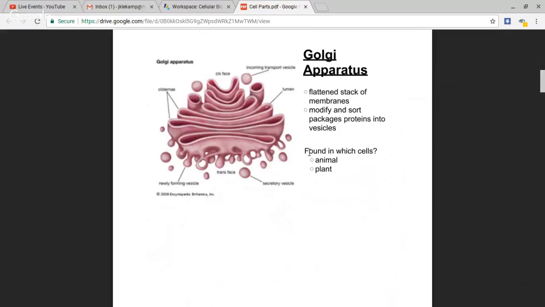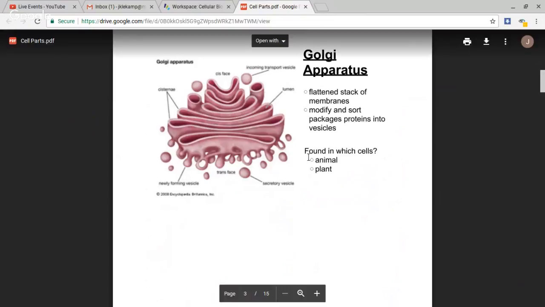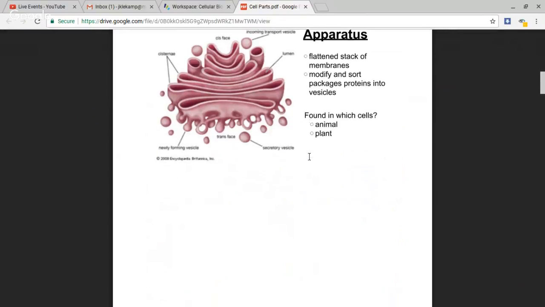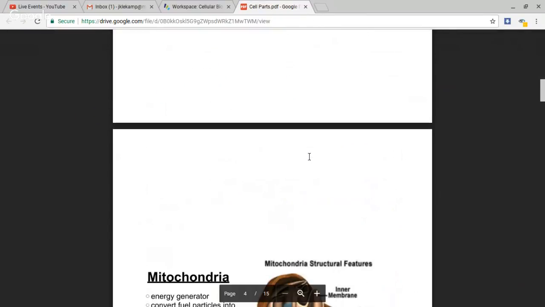When we talk about endo- and exocytosis, we talk about vesicle intake and vesicle sending out of the cell. So if we could understand that this actual cell organelle is responsible for that movement. It's found in both animal and plant cells.